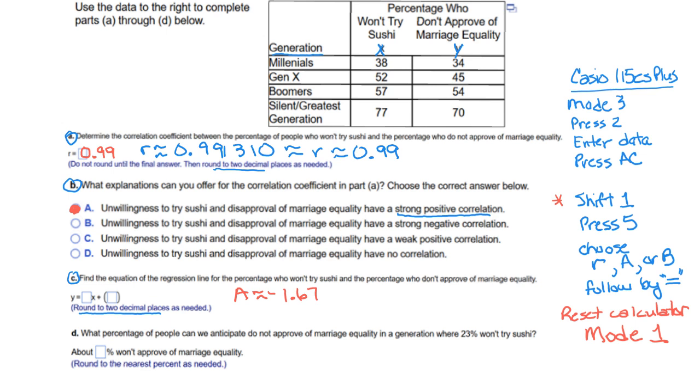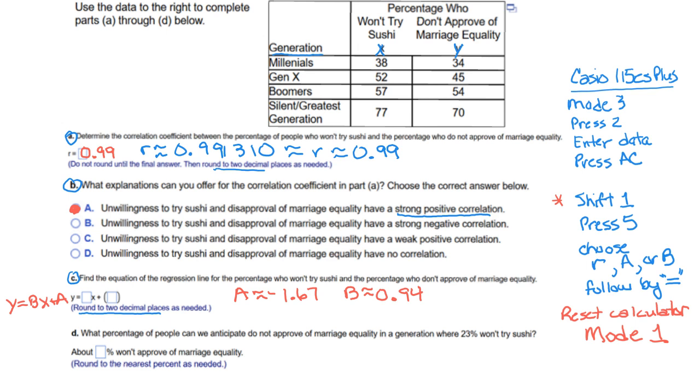And then we do this again. Shift 1, number 5, and go find your answer for B. And B is rounding to 0.94. All right, so this equation over here is actually written as y is equal to bx plus a, which follows your calculator.